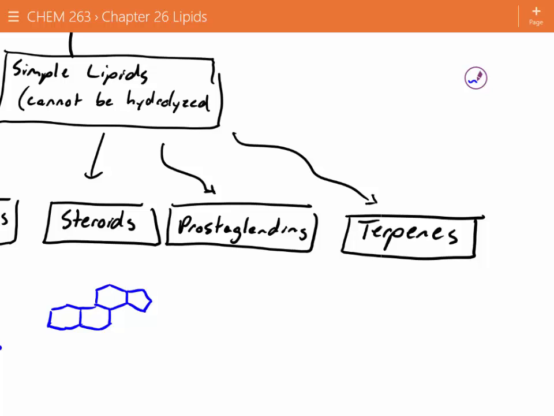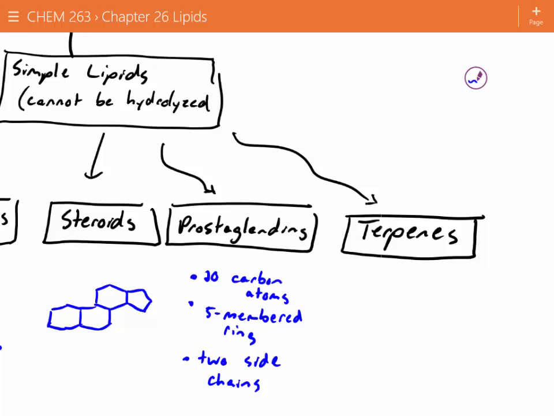Prostaglandins, I'm not even going to try drawing all of these structures right now, but I'll list some of their features. The first one is that they have 20 carbon atoms. They have a 5-membered ring. And then the last feature for prostaglandins is that they have 2 side chains.